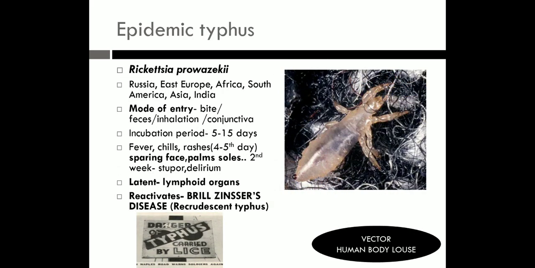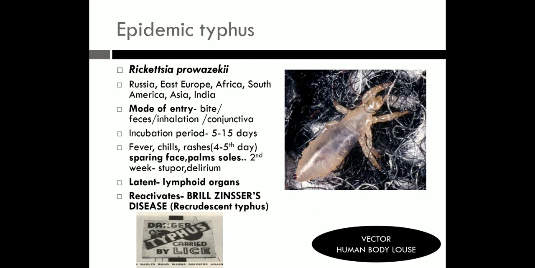Now, let us look at some of the rickettsial infections. Primarily, rickettsial infections are broadly classified as the typhus group, spotted fever group, and the scrub typhus. Now, in the typhus group, you have epidemic typhus and endemic typhus.